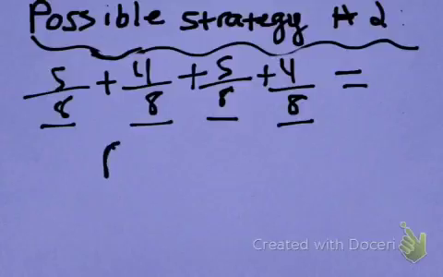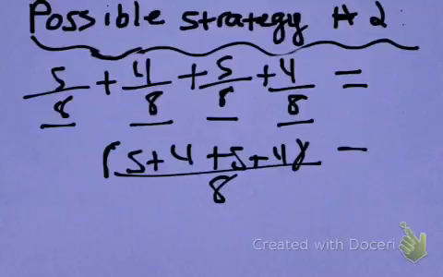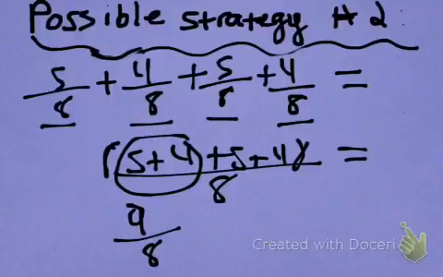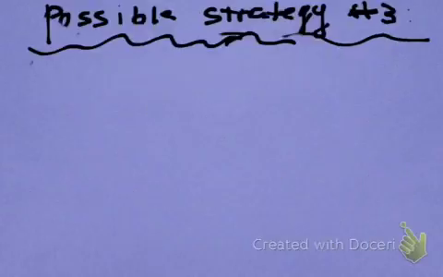So this would be, in parentheses, 5 plus 4 plus 5 plus 4 over 8, which equals, like we had before, 18/8, because we've got 5 plus 4, and that's 9. We use the 8 because it's the name of the fraction. This would be the same thing, 9/8, because it's the same problem. Then we would add these together to get our 18/8.